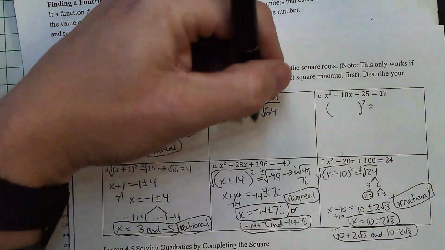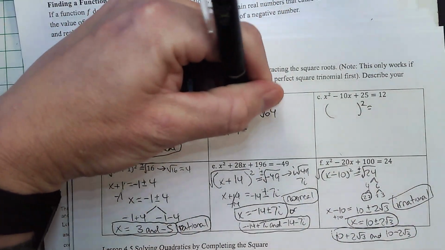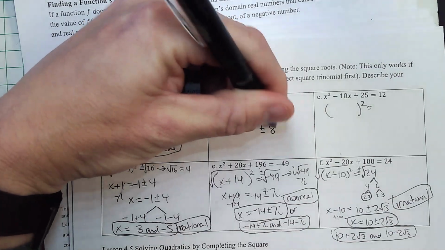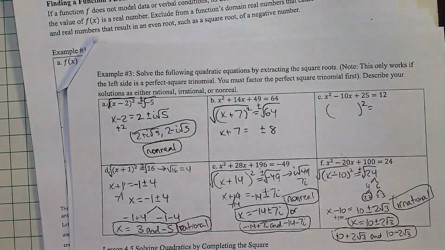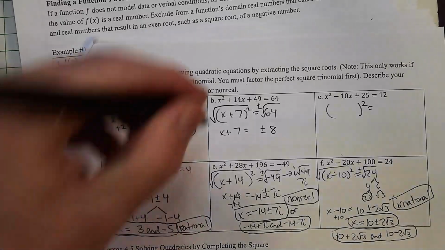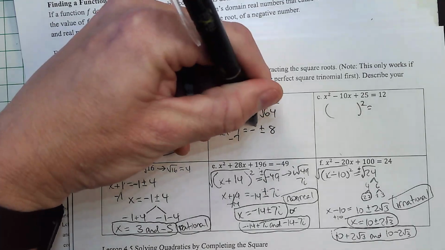What's the square root of 64? 8, good. I'll leave a gap there. All right. And then I subtract 7 and I do it to the front.